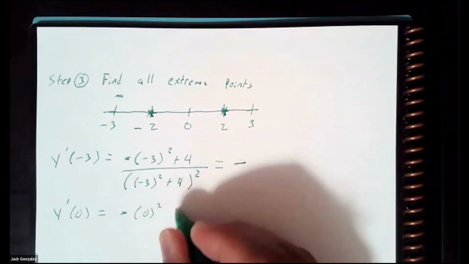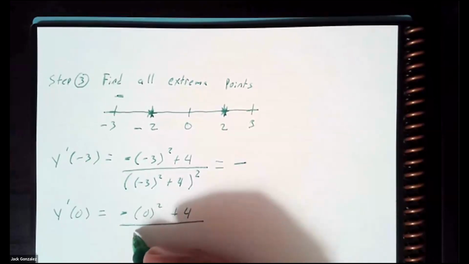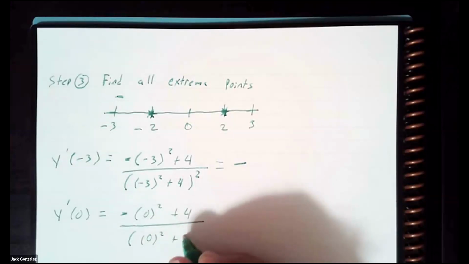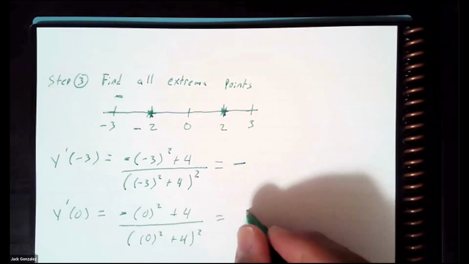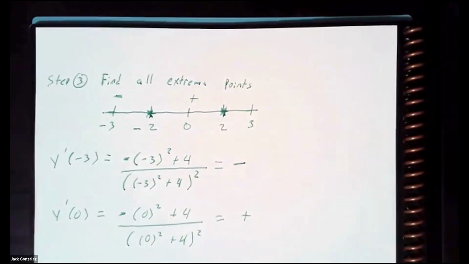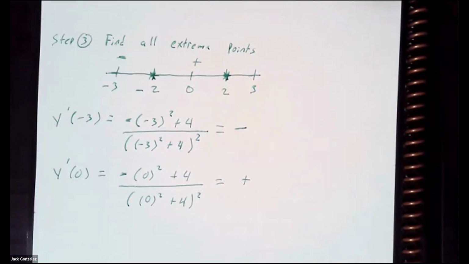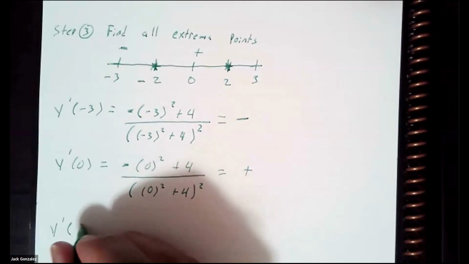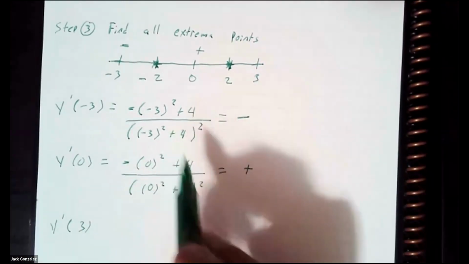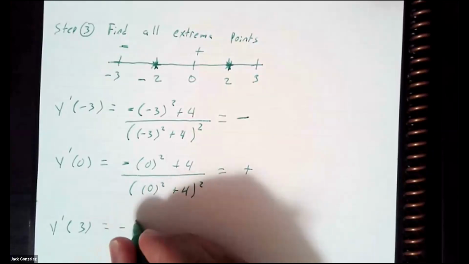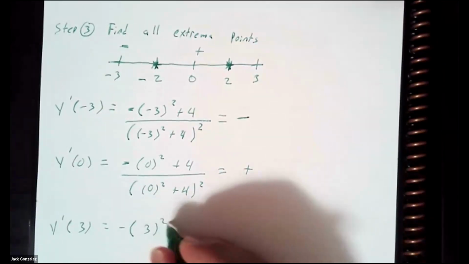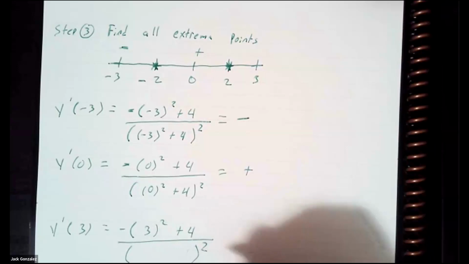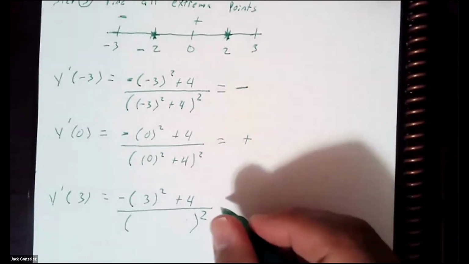That'll be 0 squared plus 4 over something squared, so it doesn't really matter. This will be positive. y prime of 3 will be exactly the same as this one, so it's going to be negative.